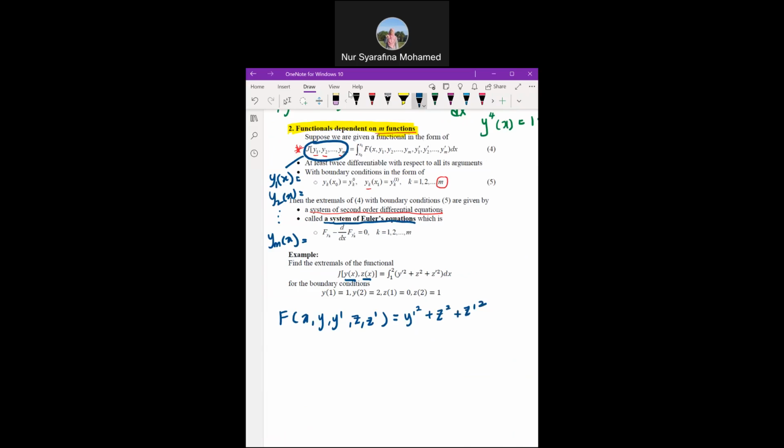Now we have two variables. Remember, k depends on m, where m is how many functions we use. So now we have two functions, y and z.